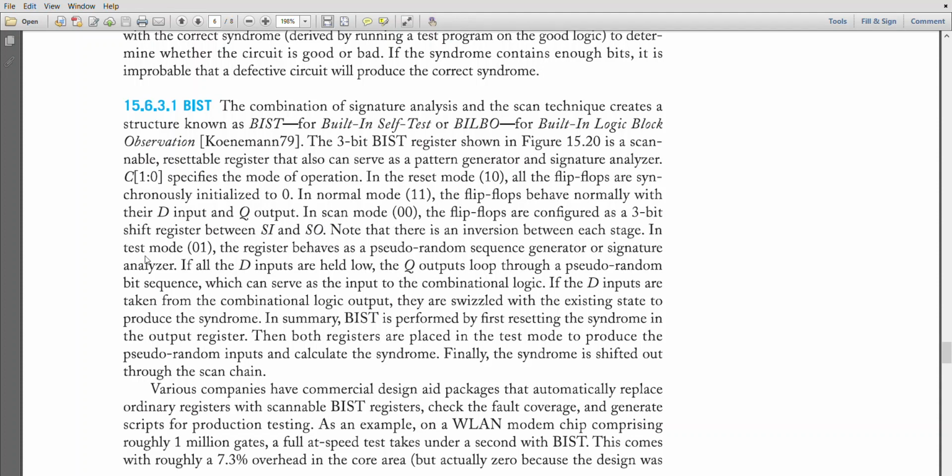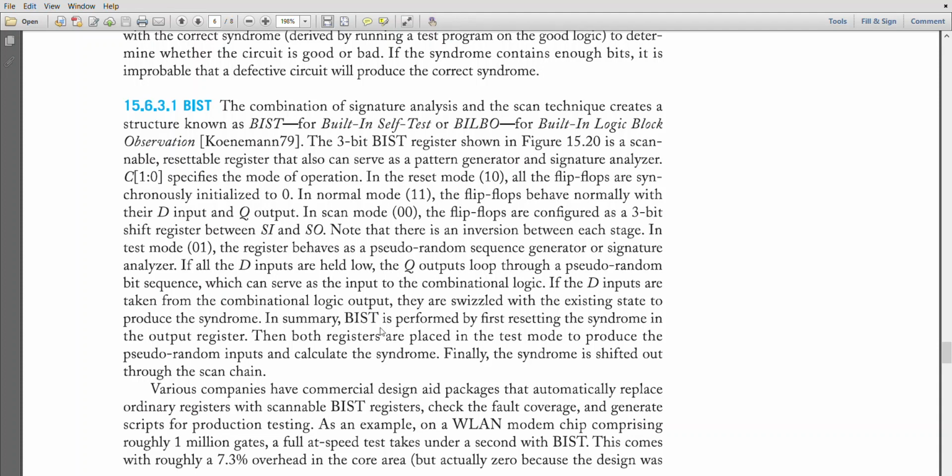In test mode, the register behaves as a pseudo-random sequence generator or signature analyzer. If all the D inputs are held low, the Q outputs loop through a pseudo-random test bit sequence, which can serve as the input to the combinational logic. If the D inputs are taken from the combinational logic output, they are swizzled with the existing state to produce the syndrome.